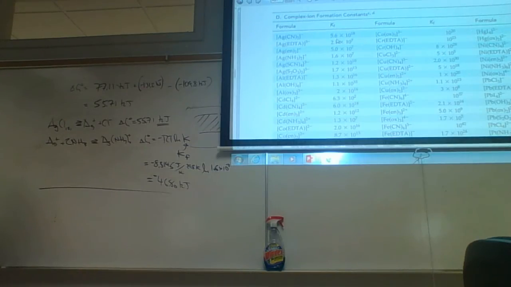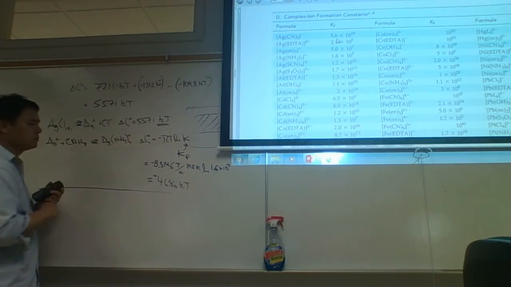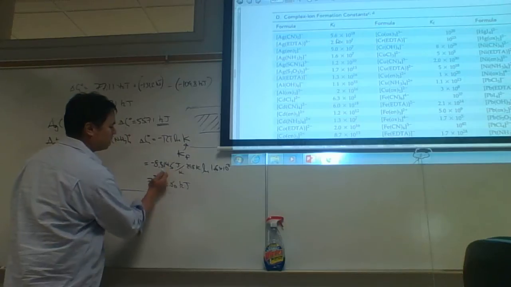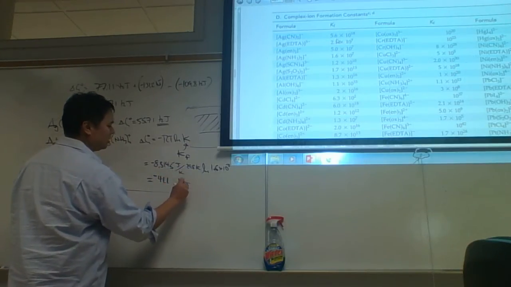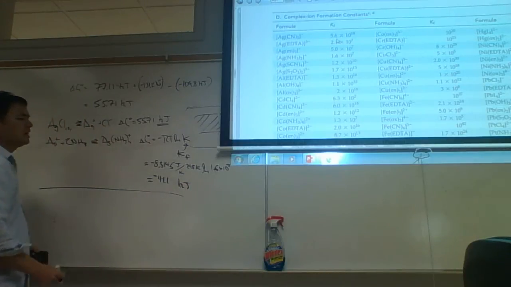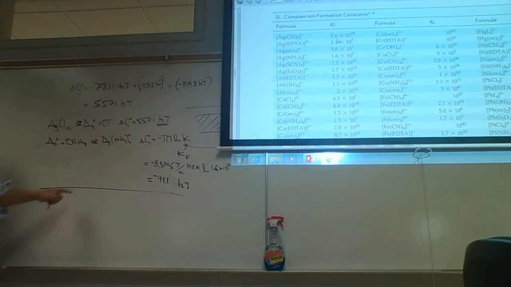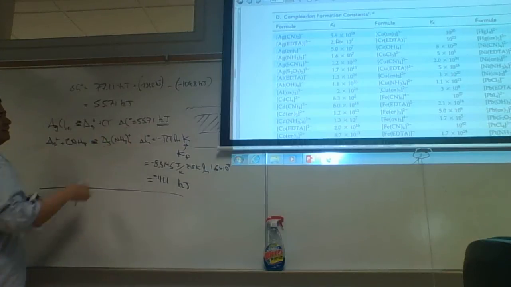Yeah, negative 41.1 kilojoules. I was hoping it would come out more negative. This one doesn't work the best. Negative 41.1 kilojoules. Was this right? Yeah, okay, just want to make sure.